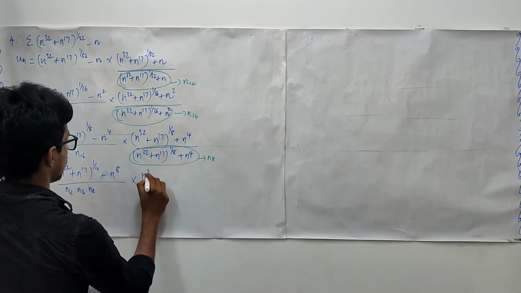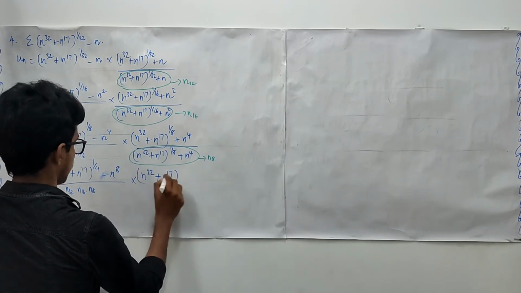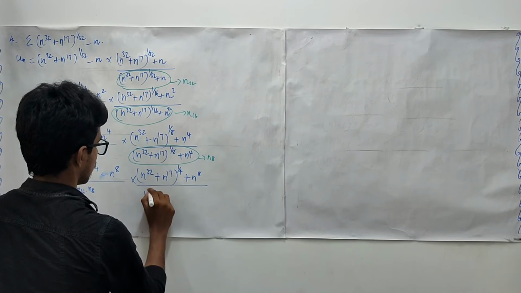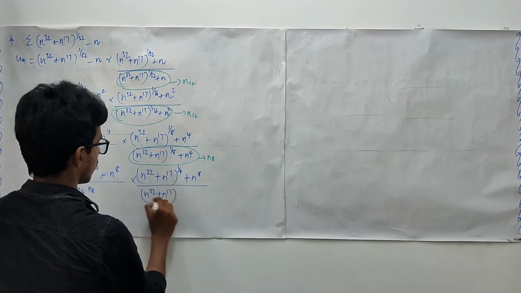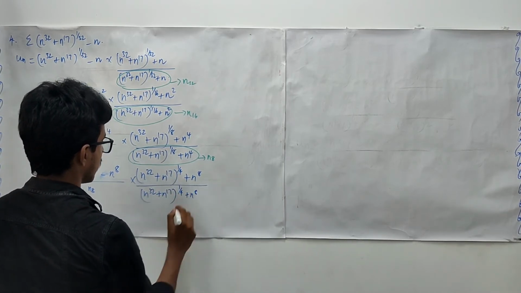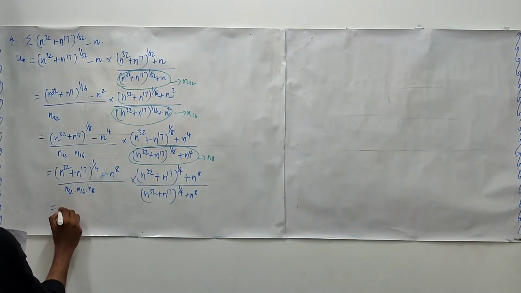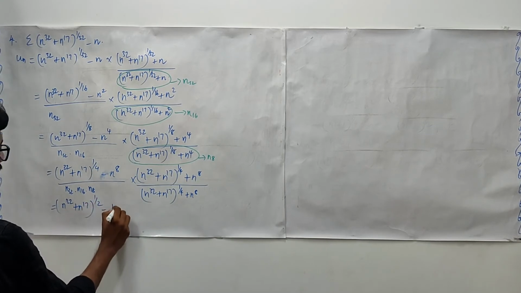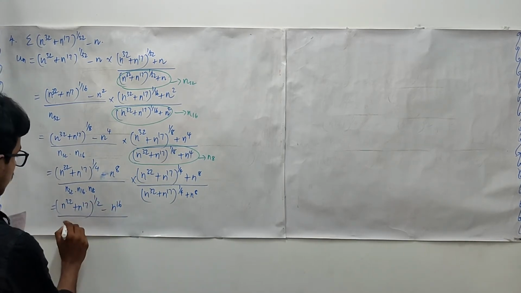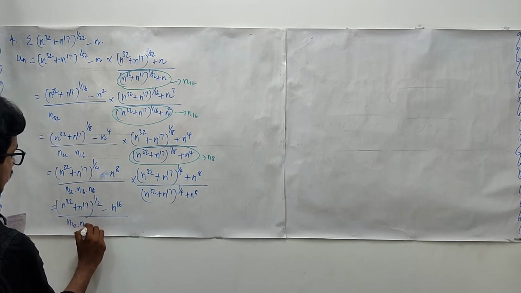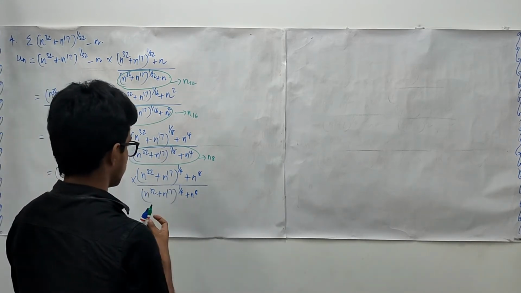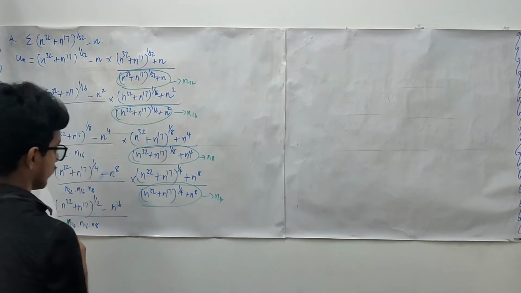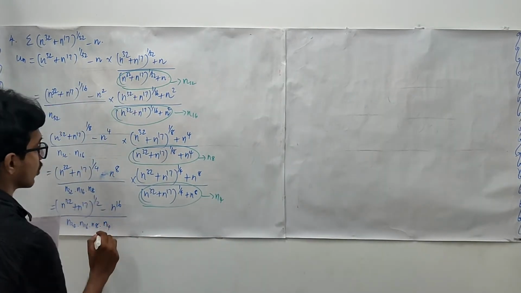Again, n to the power 32 plus n to the power 17, to the power 1 upon 4, plus n to the power 8, and this is going to become n to the power 32 plus n to the power 17, to the power 1 by 2, minus n to the power 16, upon n32, n16, n8, and let us call this n4.